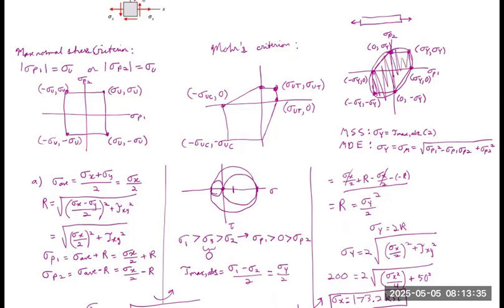By determining where sigma P1 lies over here, we can drop down and see whether MSS theory is going to predict less because it's more conservative, or maximum distortional theory is going to predict less.